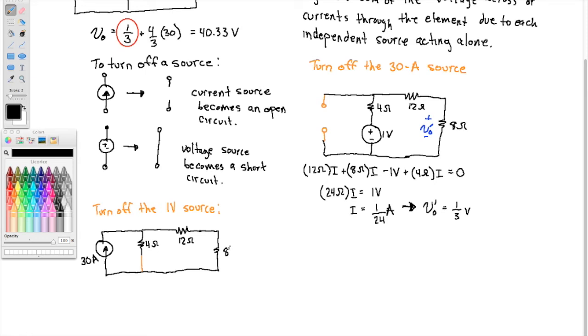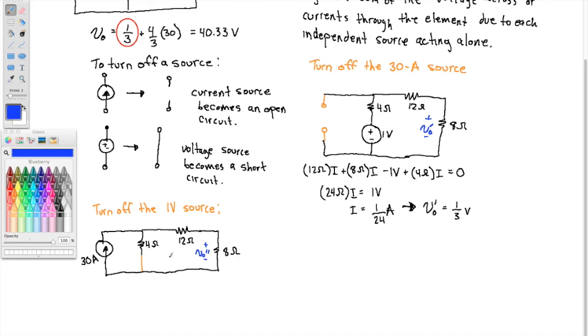Now that this is a short circuit, this circuit matches the very first circuit that we looked at. And again, I'm looking for this voltage across the 8 ohm resistor. We're going to call that V0 double prime.